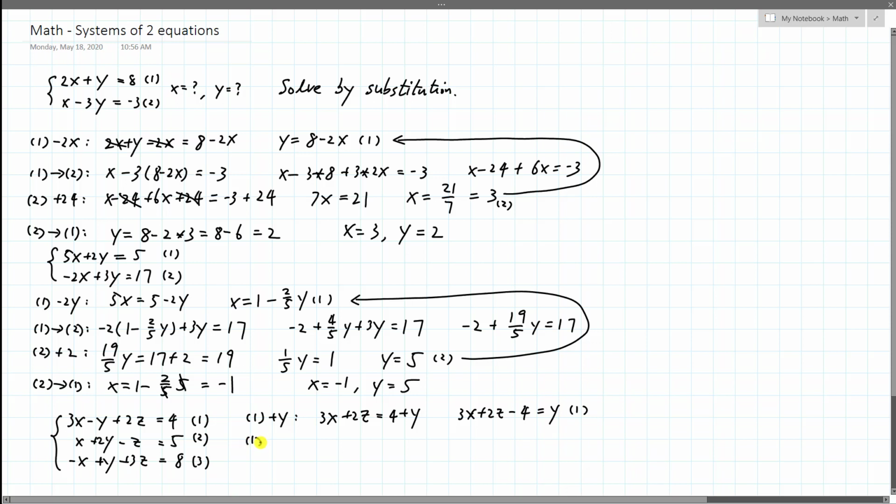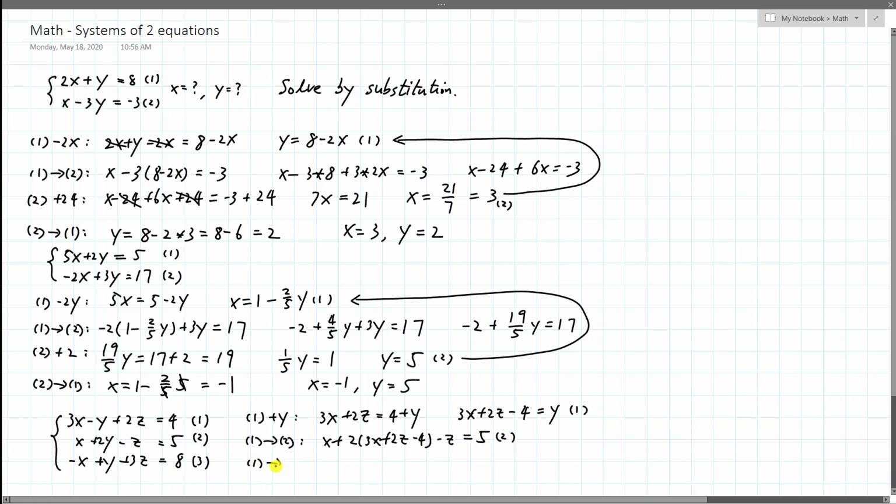So 1 into 2. X plus twice this whole thing, 3x plus 2z minus 4, minus z equals 5. That still is equation 2.